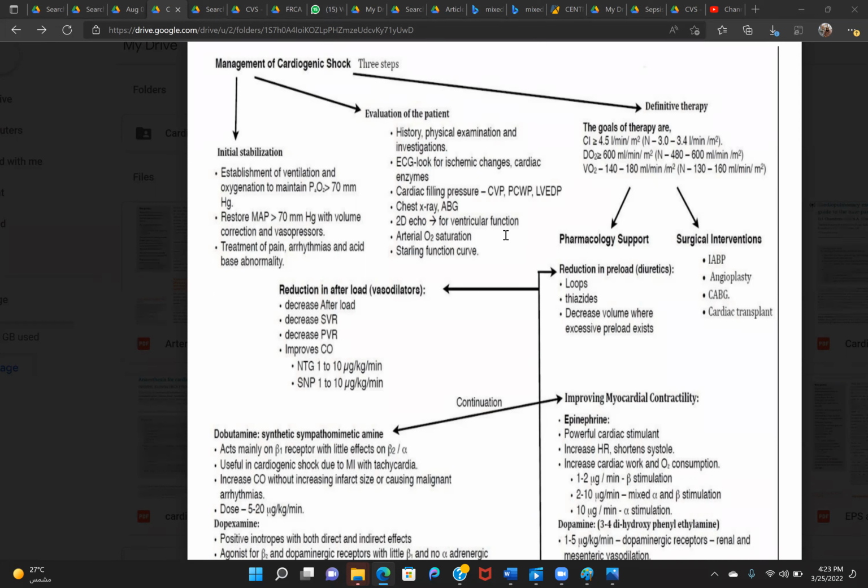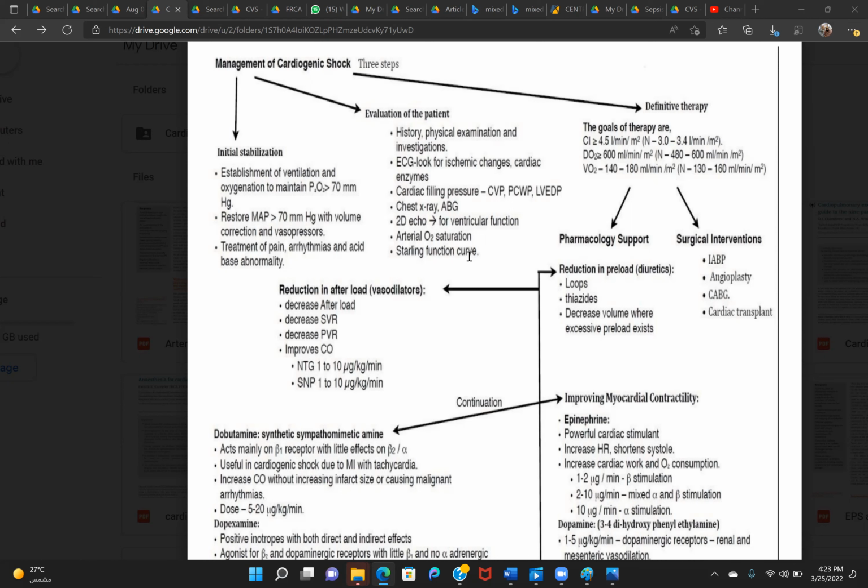Okay, and then oxygen saturation. Another important thing here, which is not written, is hemoglobin. This is regarding the filling pressures, and heart rate is also an important thing. Hemoglobin is important because it is the vehicle on which oxygen is sitting and traveling through the whole body.